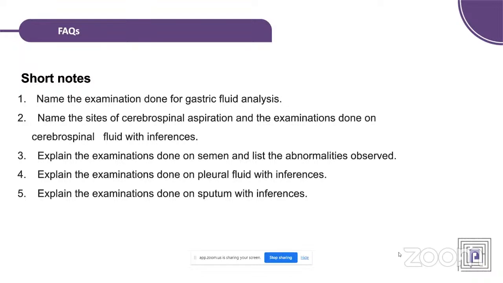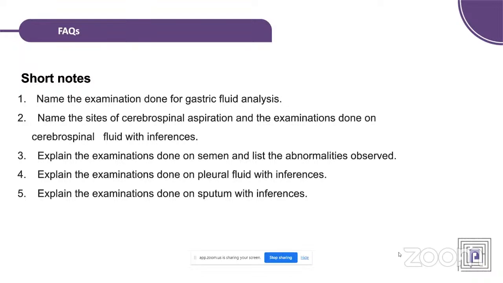So next, coming to the examinations done on sputum with inferences. Sputum is examined most commonly in TB, right? In TB, if it is TB positive, we have to examine the number of acid fast bacilli present in the sputum.